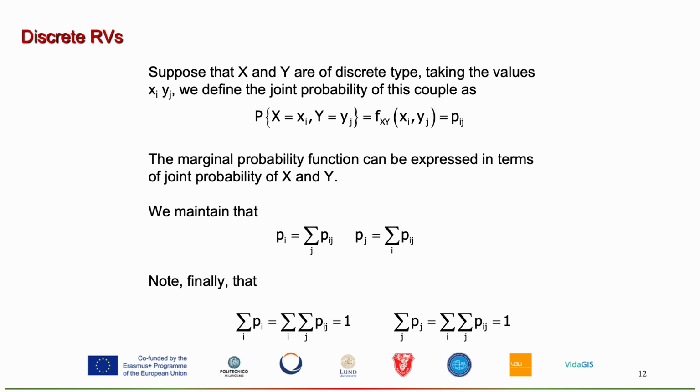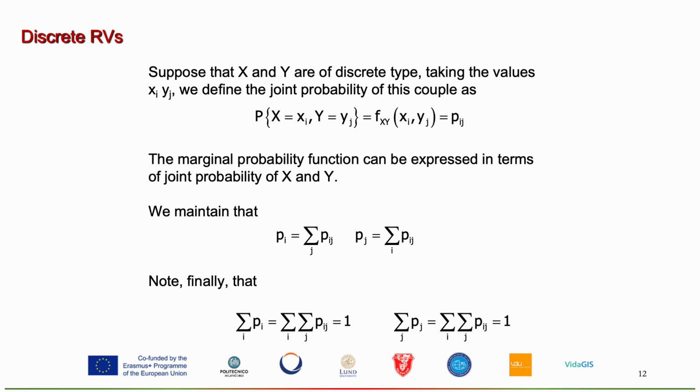Now, let's make a step to the case of discrete random variables. Let's suppose that you have a two-dimensional random variable composed of an x and y component of a discrete type.